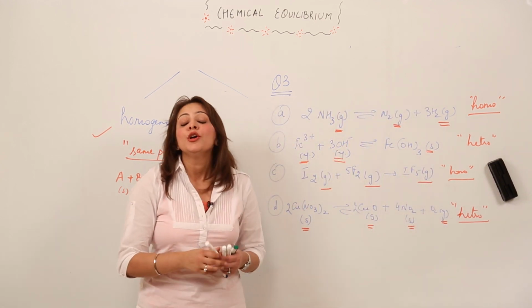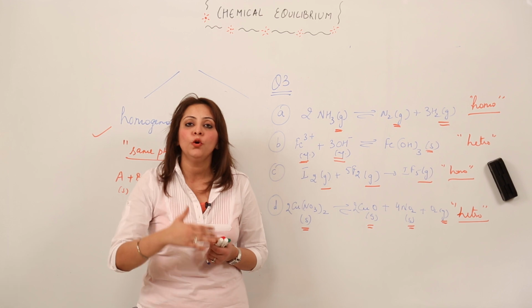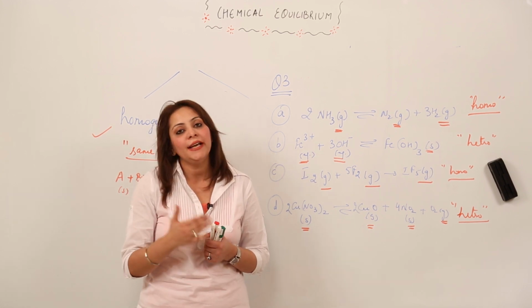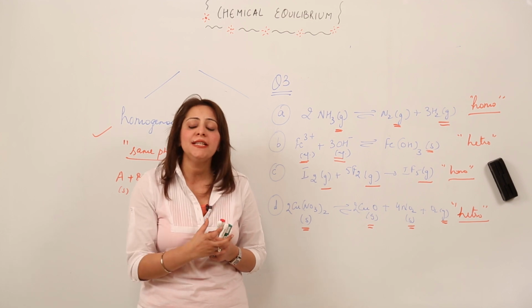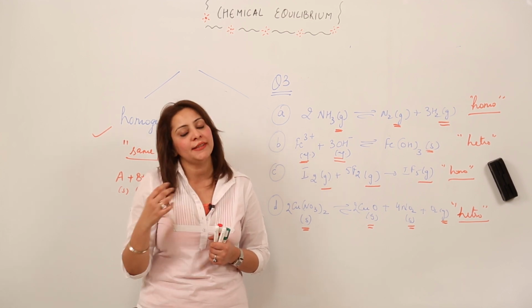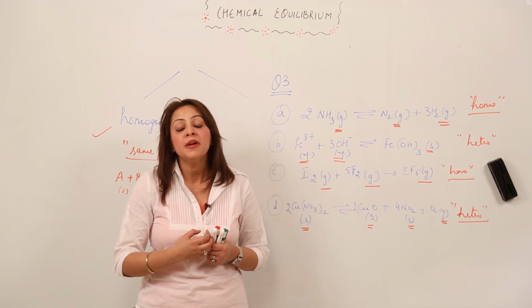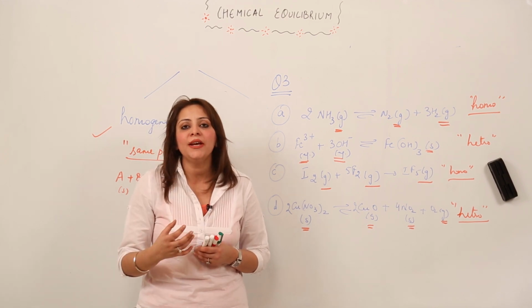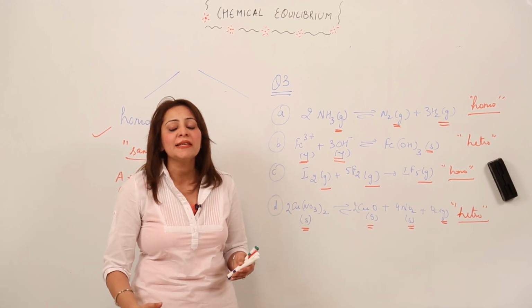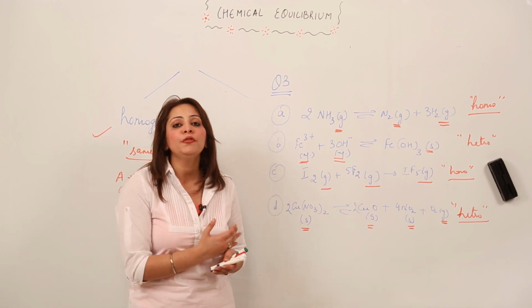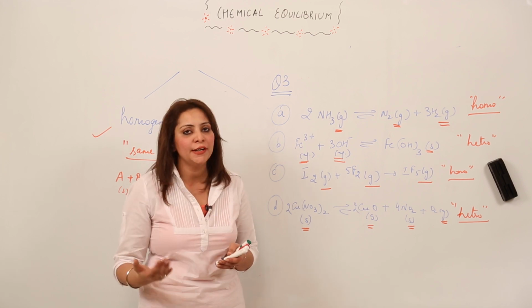So this is how you are going to predict which reaction is a homogeneous equilibrium and which is a heterogeneous equilibrium. And I think it's clear to you. Homogeneous equilibrium just means that the components are present in the same phase. When we get to see more than one phase, that means it is a heterogeneous equilibrium. So you are going to get this kind of question to predict the type of equilibrium, homogeneous or heterogeneous, right?